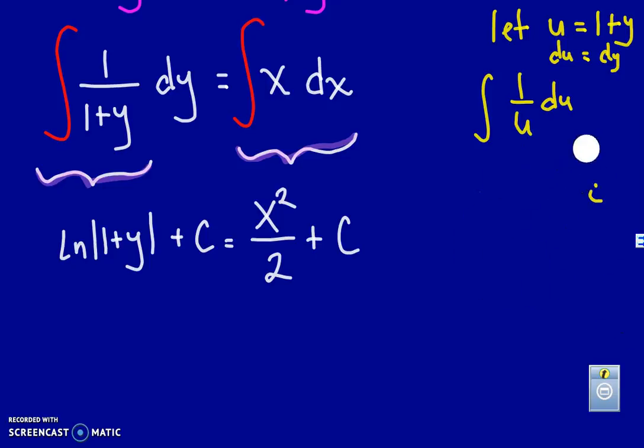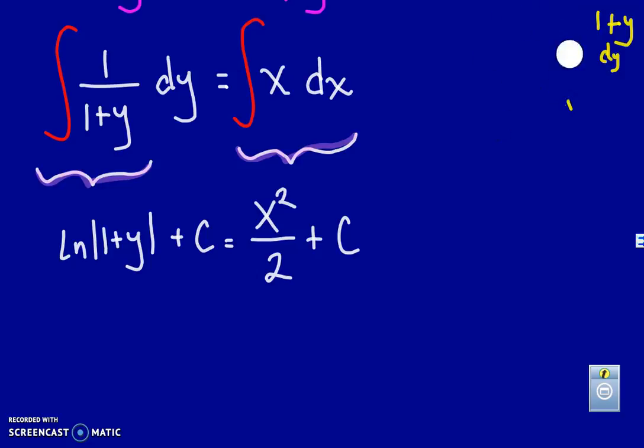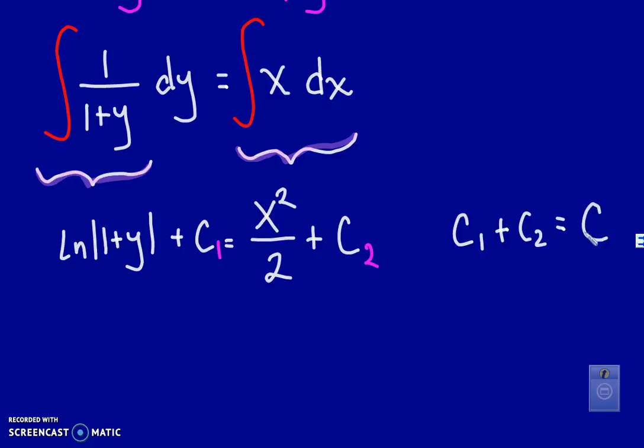Now, notice that we have two c values. Most textbooks or college professors will tell you to label them as C1 and C2. But for the AP test, we can pretty much combine them and say C1 plus C2 equals a constant.